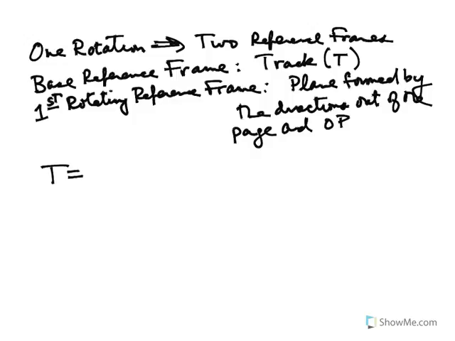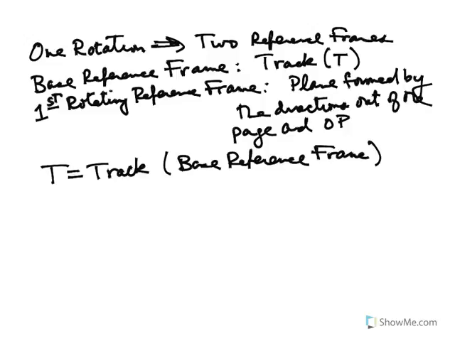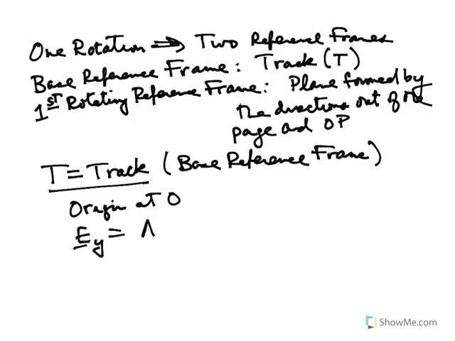So now let's write this down. T is equal to the track, which is the base reference frame. I'm going to put the origin at O. Now I'm going to do this in a little different order from what I often do it, but I'm going to put EY along OP when theta equals pi over 2.